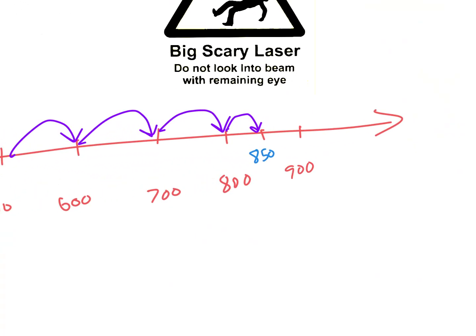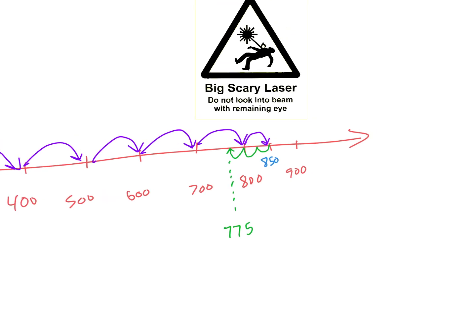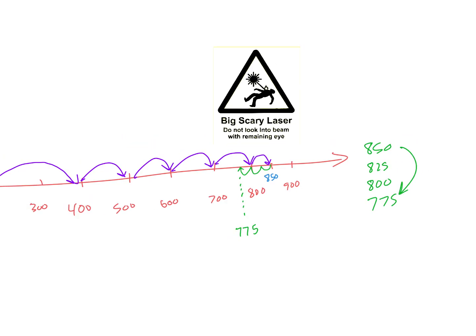So that would look like this. Back 25, back 25, back 25. And so from 850, that would look like 775, yeah? Because 850 minus 25 is 825, minus another 25, minus another 25, will get us down to 775.